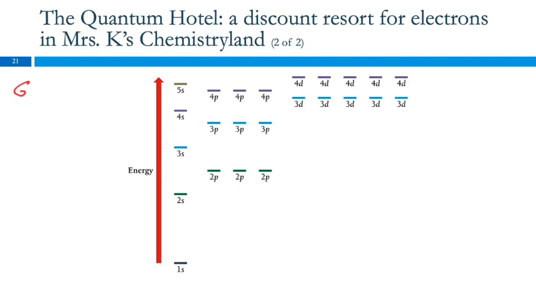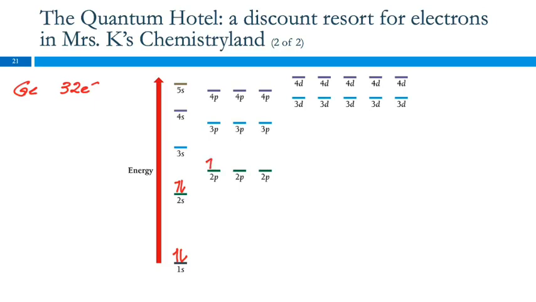So this is germanium, 32 electrons. So we just start at the bottom and start counting. So 1, 2, 3, 4, 5.